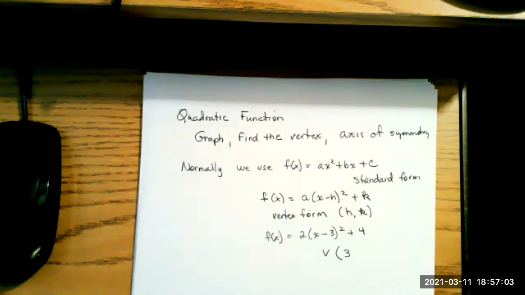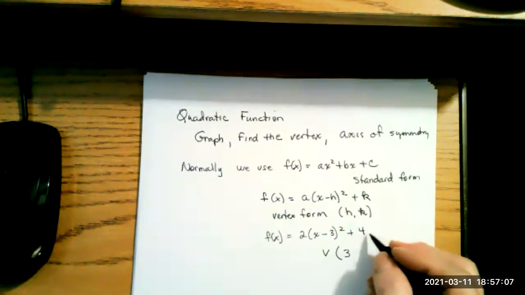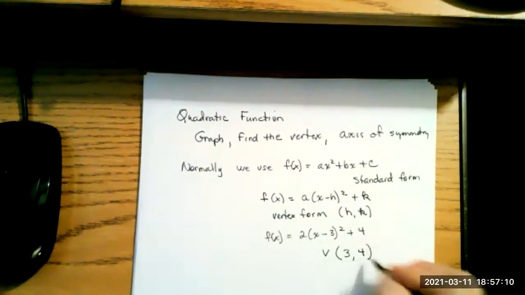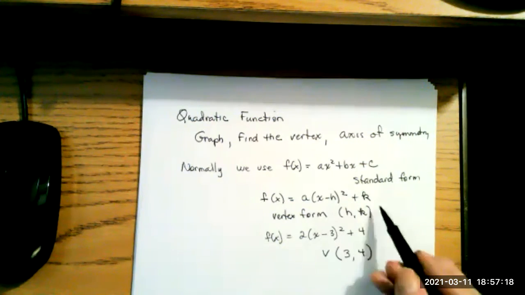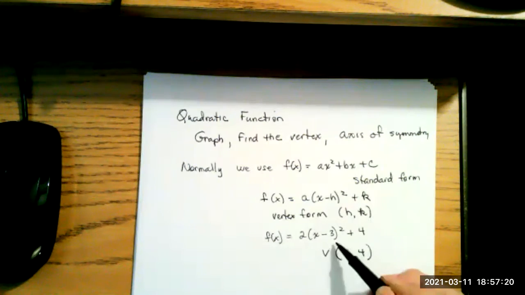We take the opposite of it. We've been doing that before. And then this 4, you don't take the opposite of it. So your vertex in vertex form is the 3 from the h and the k on this 4. It's 4 up and 3 to the right, which is why the vertex is at (3, 4).